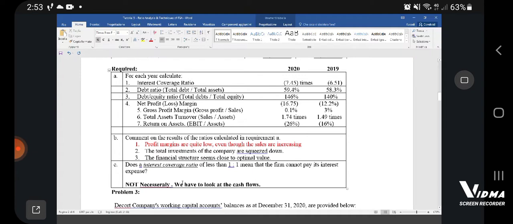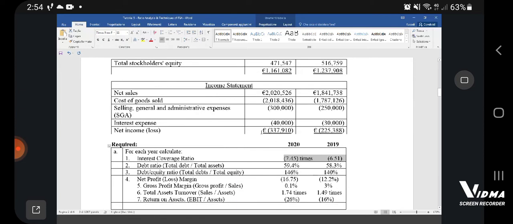So not necessarily. Right here we have a negative interest coverage ratio, but what do we do? We don't have it here, but we have a look at the cash flow statement. Are we generating enough money from the cash flows from operations, in case this net income or net loss over here includes a lot of accruals?